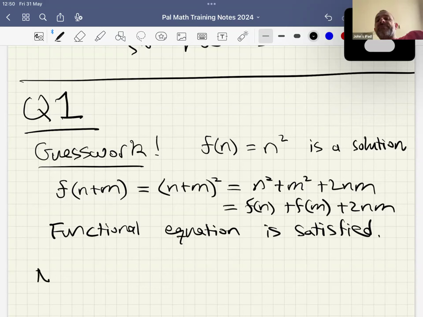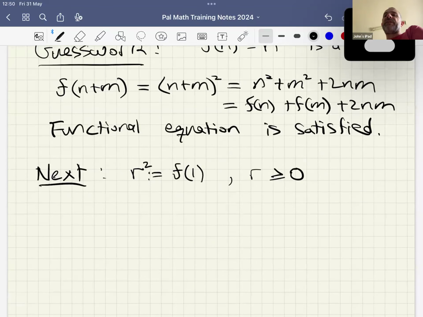So next, the way to tackle these is to really do a bit of experimentation. So what do we know? I'm going to set R to be such that R squared is f of 1. So R is some positive integer.